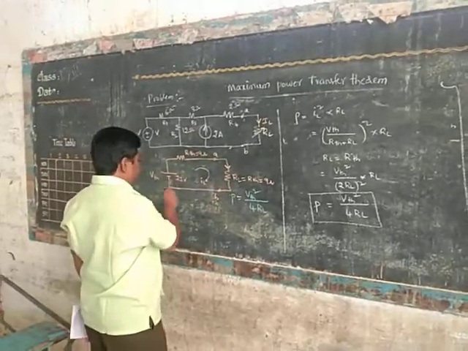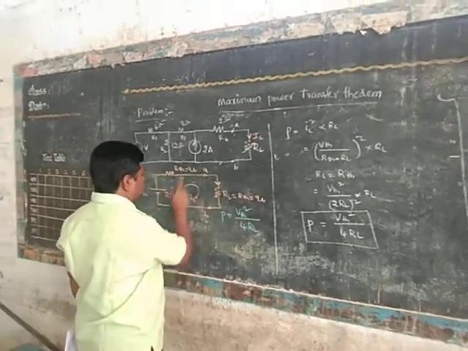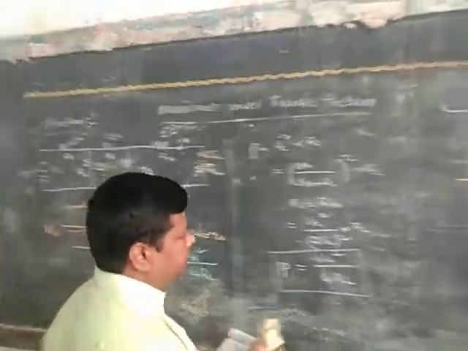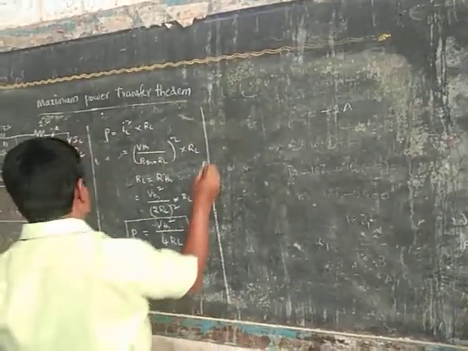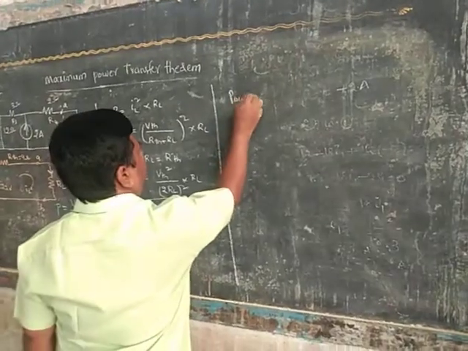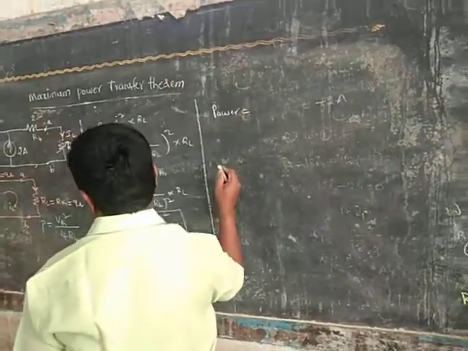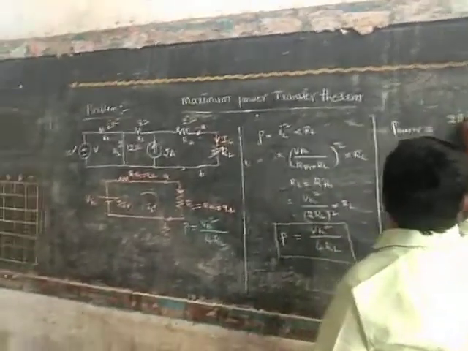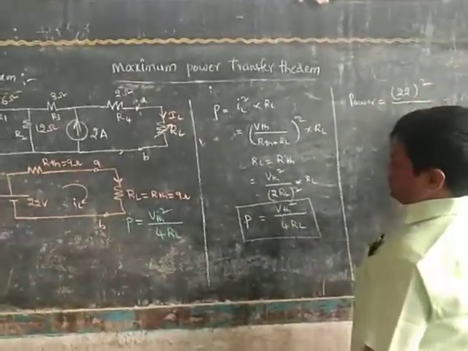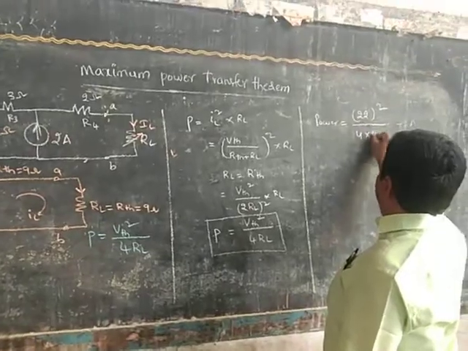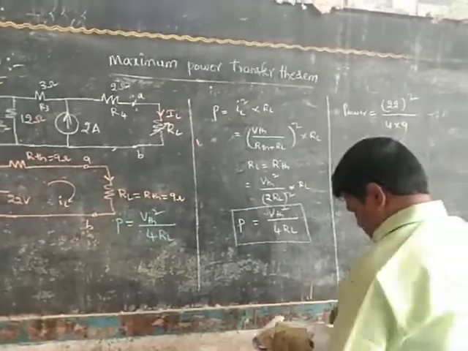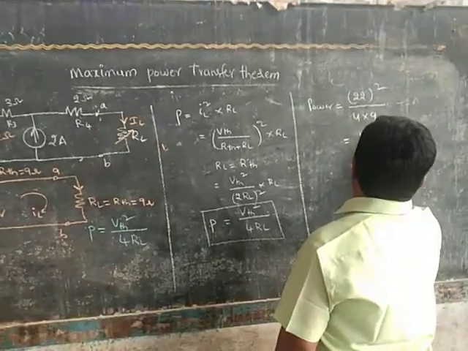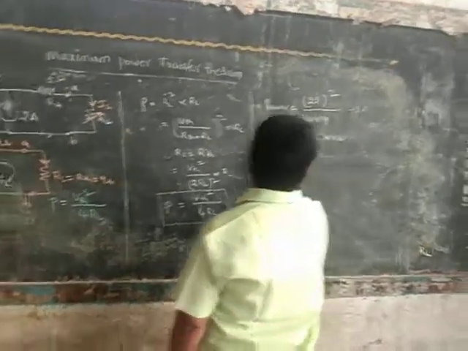Then you already know the V Thevenin and RL value, with R Thevenin. Then power delivered to the load is equal to V Thevenin whole square, 22 whole square by 4 into 9, that equals 13.44 watts.